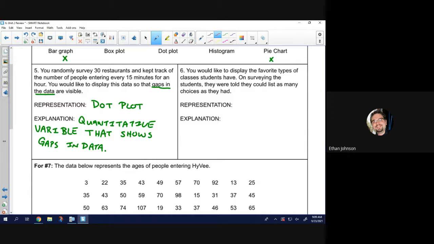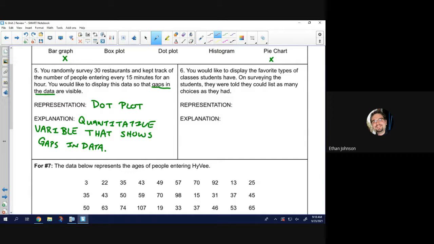For number 6, we would like to display the favorite types of classes students have. On surveying the students, they were told they could list as many choices as they had. So once again, we need to figure out a variable.